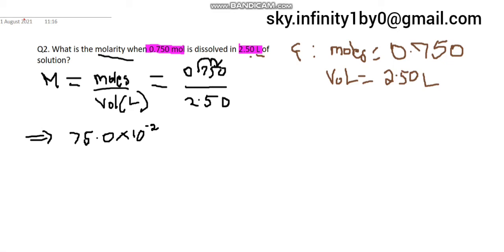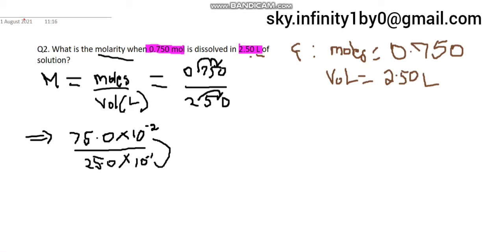Now let's move on to shifting the denominator. Let's shift the denominator by 1 decimal place here, and the denominator will be 25.0 into 10 raised to minus 1.